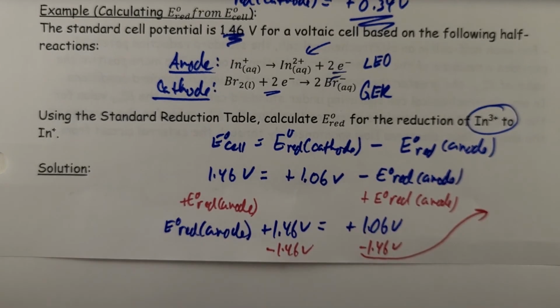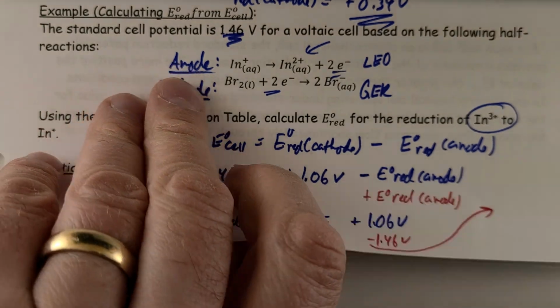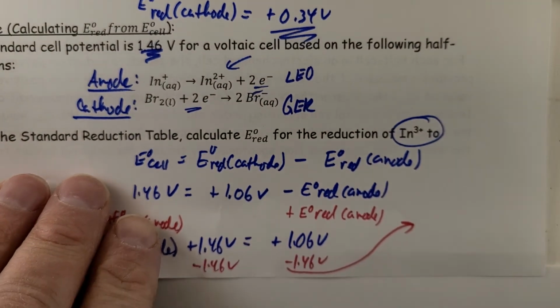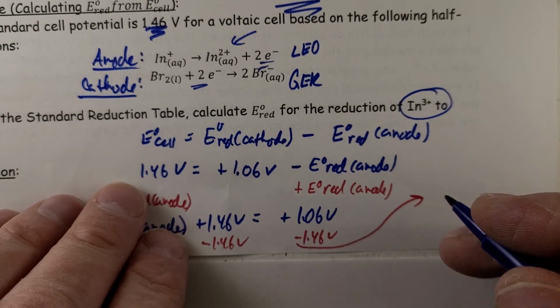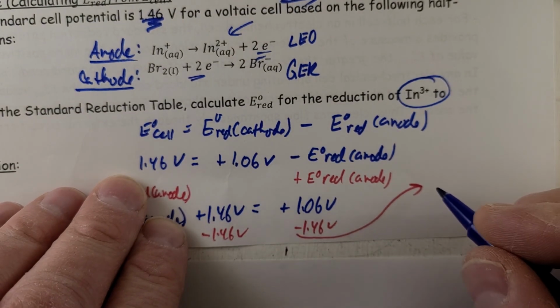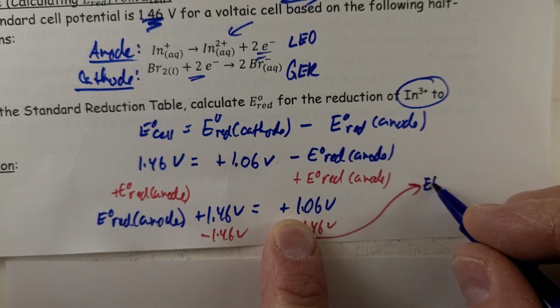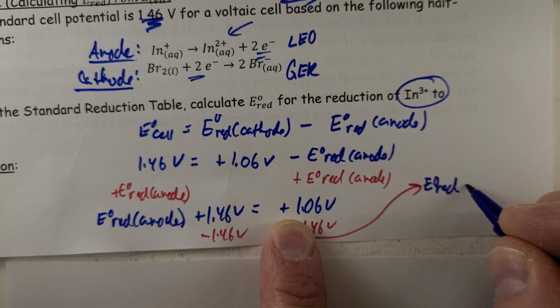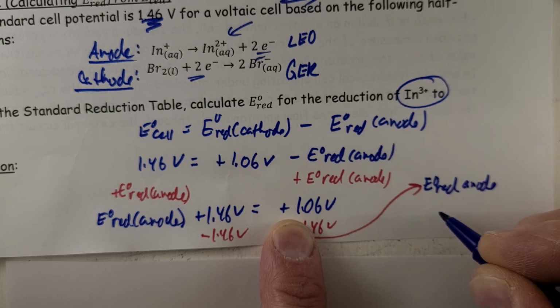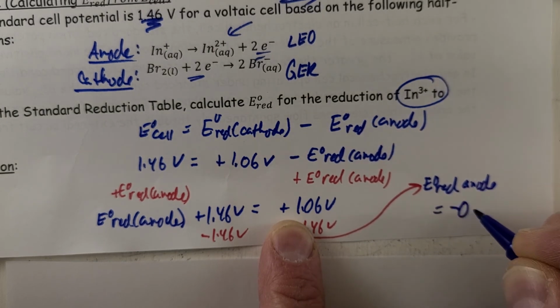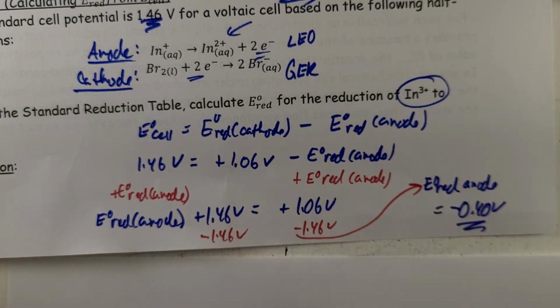We'll write the final answer on this side here, because I'm running out of paper room. When we do that, 1.06 minus 1.46 gives us E reduction at the anode equal to minus 0.4 volts.